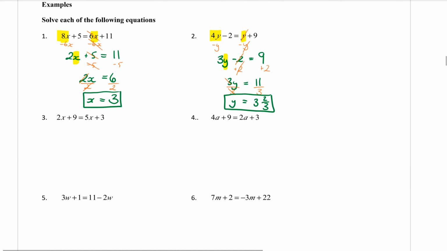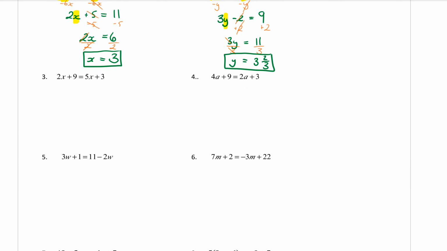Question 3. Looking for the x's, I have 2x and 5x. We want to move the smaller one. 2x is smaller, so the opposite will be to minus or subtract 2x. Cross those off. Now, because the x's on the left-hand side have crossed away, I'm going to switch sides.